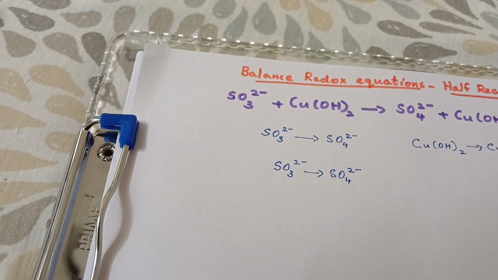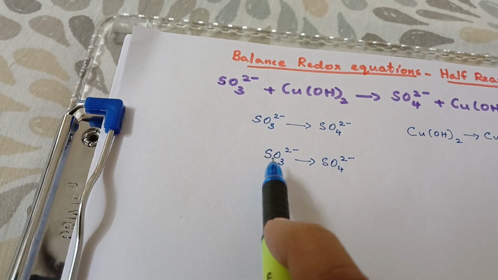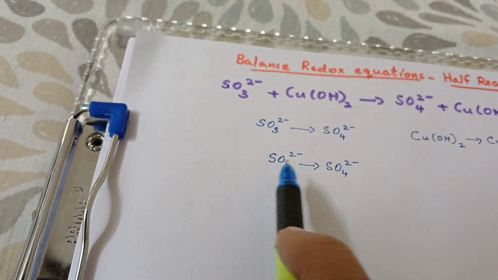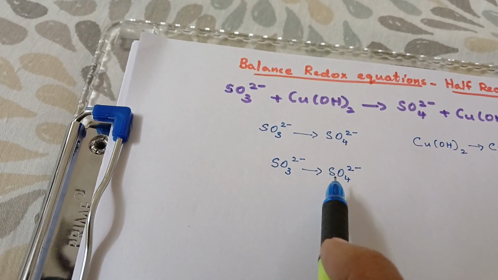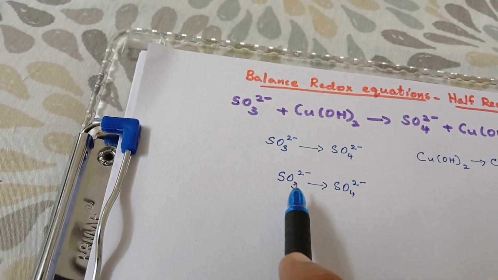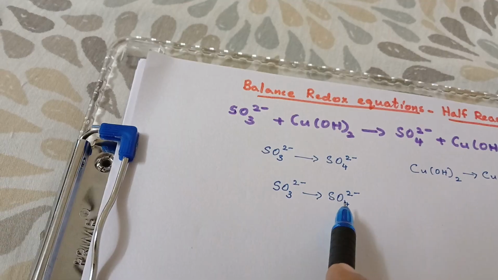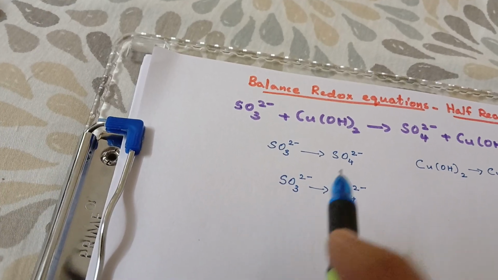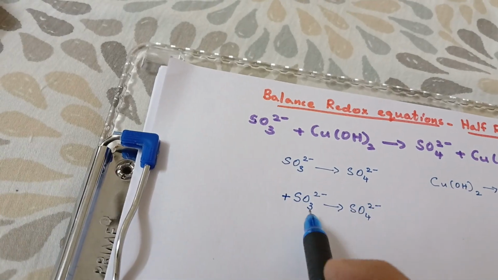Let us look at the atoms other than oxygen or hydrogen, that is sulfur. In both left hand side and right hand side there is one atom of sulfur, that is balanced. Now let us take the number of oxygens. Left hand side we have 3 and right hand side we have 4. So in order to balance the number of oxygens, we add water molecules.